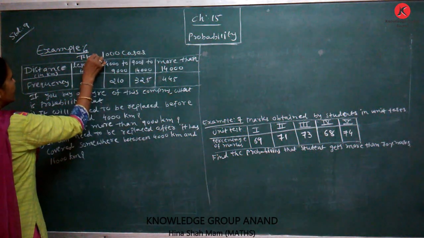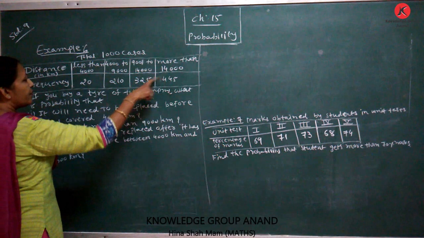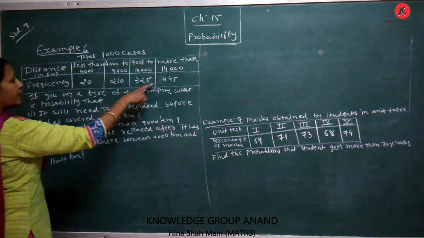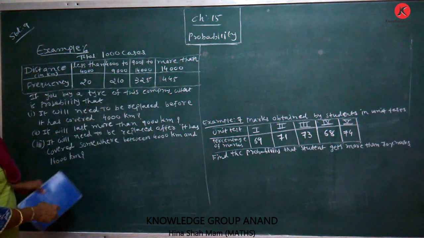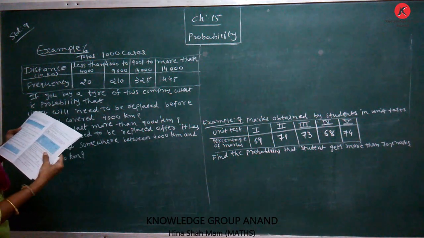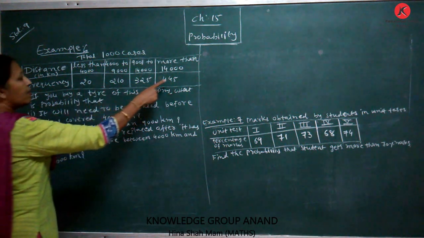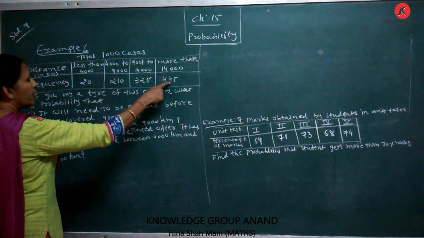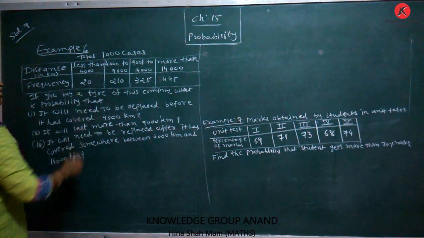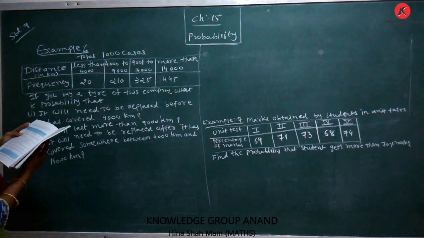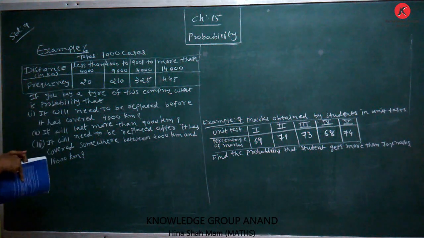Here total 1000 pieces in the given question. 20, 210, 325, 445. Okay, its sum is 1000.